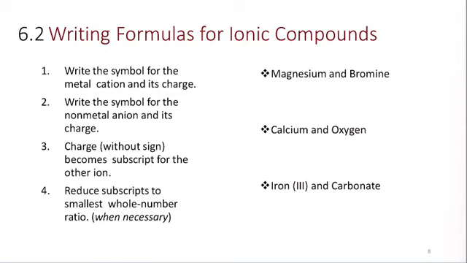Understand that you can also have polyatomic ions being incorporated here, so I'm just going to include it here. Rule number 1 also applies to ammonium from the polyatomic ions.